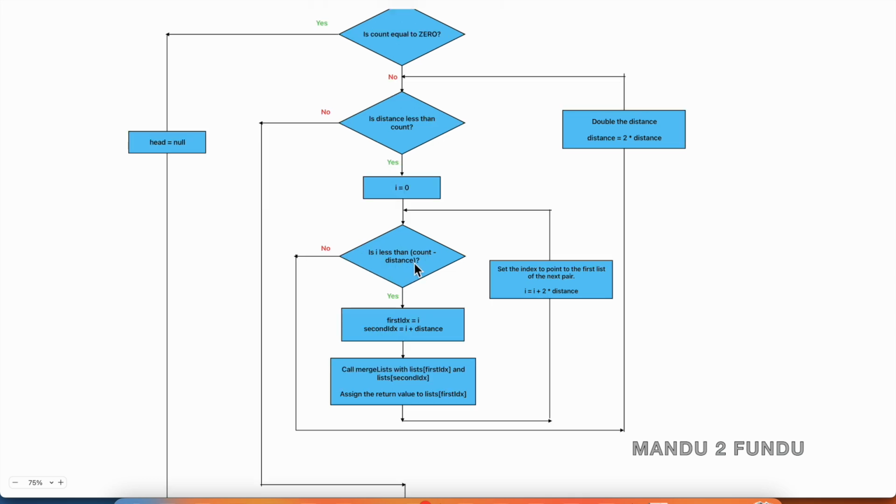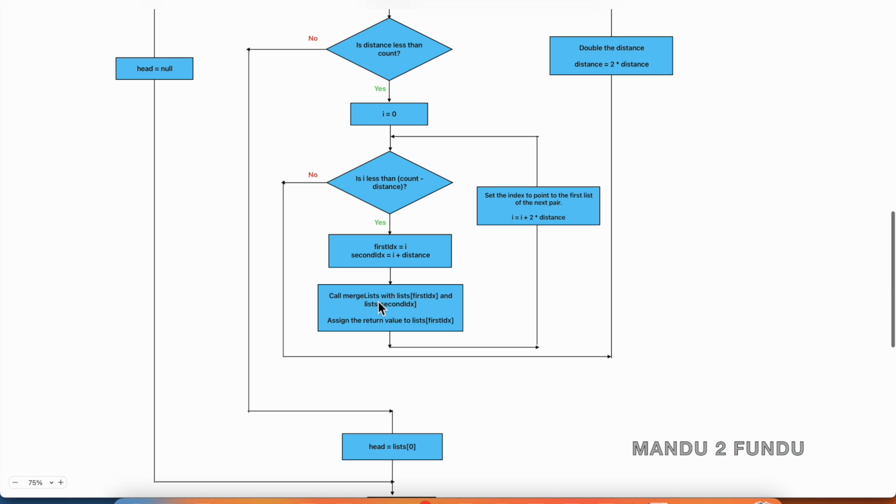Then we check whether the index I is less than count minus distance. If that is true, then we initialize the first index with I and the second index with I plus the current distance. Then we merge the linked lists present at these two indexes in the input array and assign the result to the entry at index first IDX. Next, we have to find the next pair.